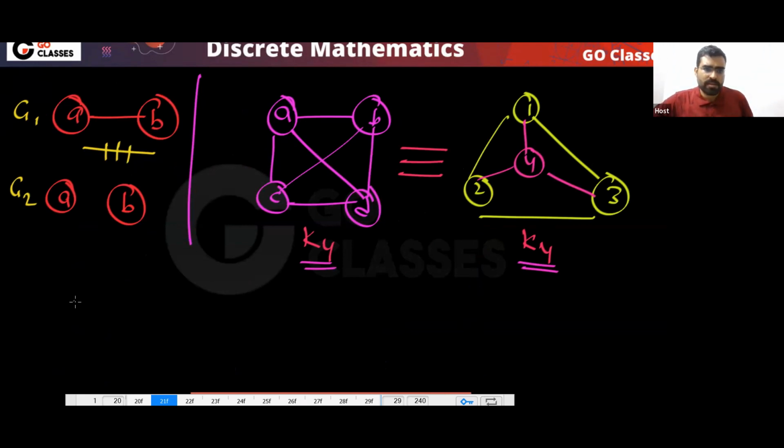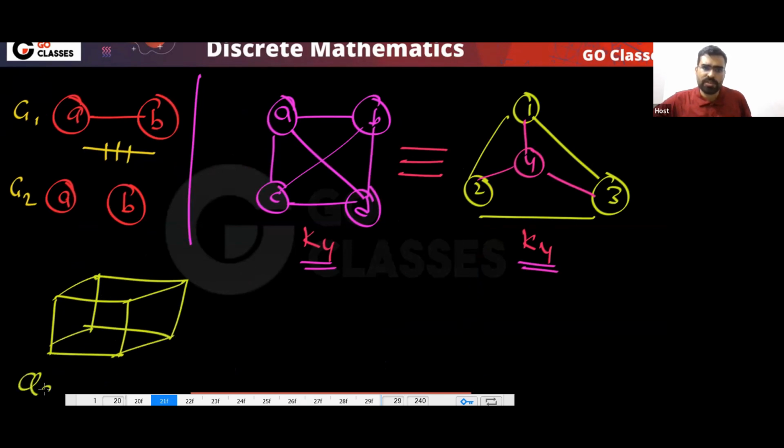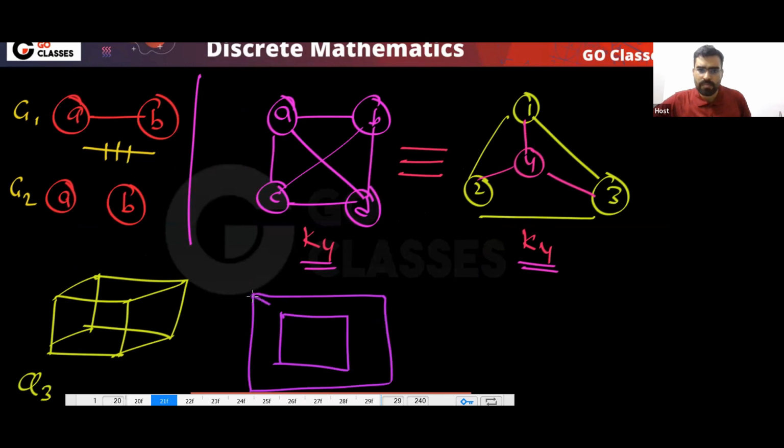For example, this graph, which graph is this? Can anyone tell me? This graph is your Q3. Now, are these two graphs isomorphic? Yes, they are isomorphic. They look very different.